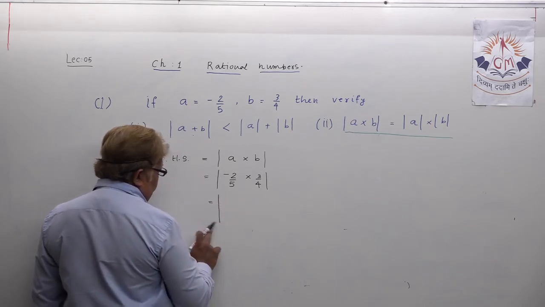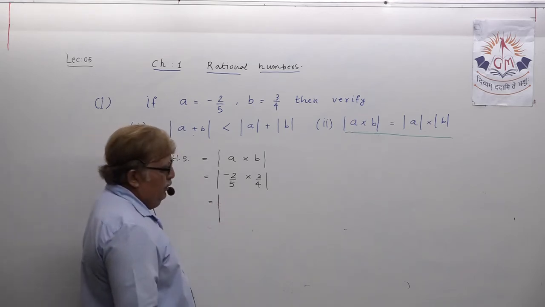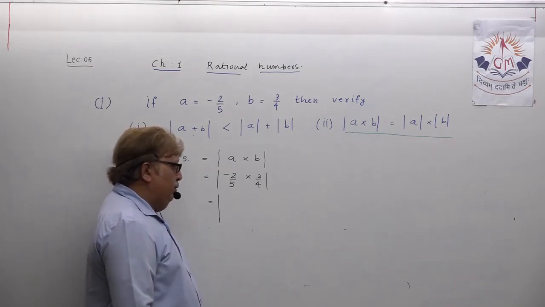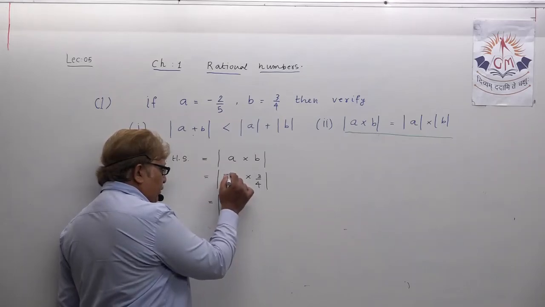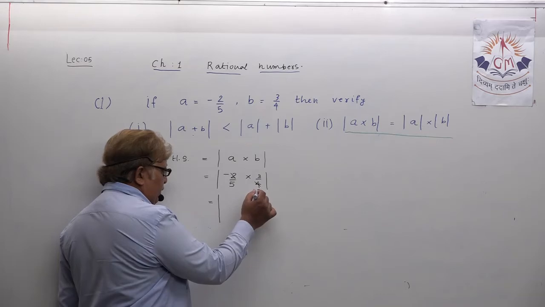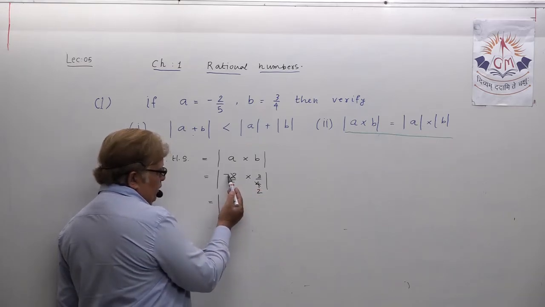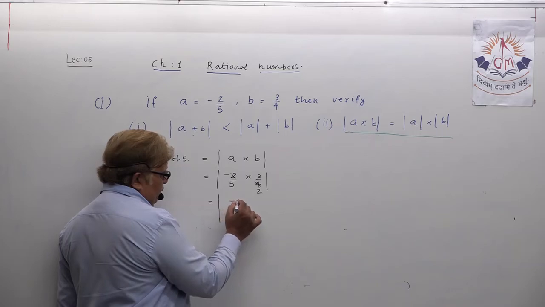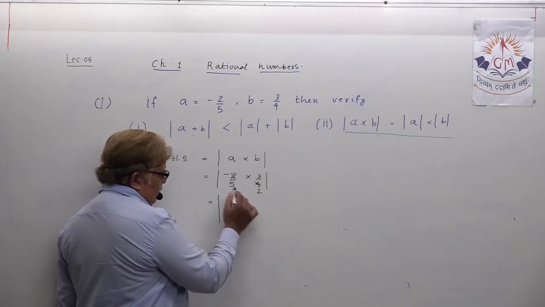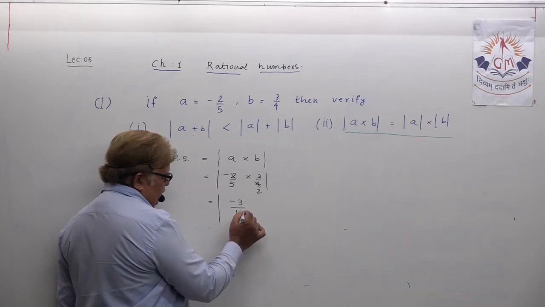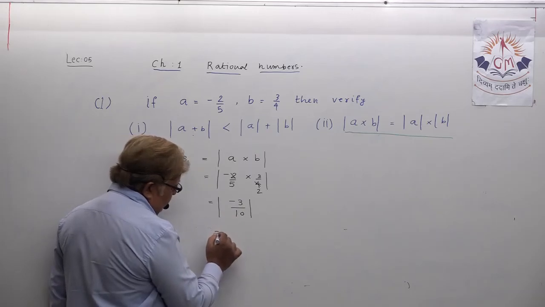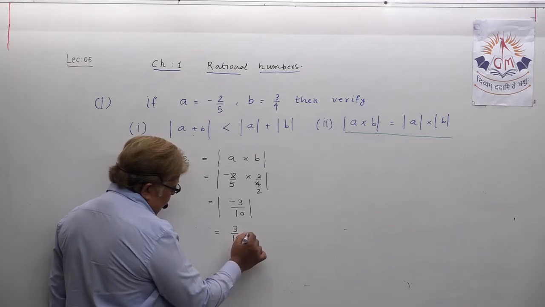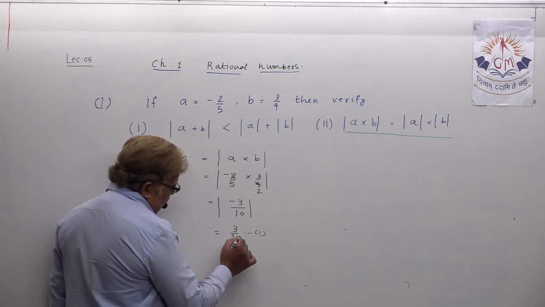Here there is no question of taking the LCM because between the two rational numbers there is a product sign. Just cancel whatever is possible. 2 twos are 4, nothing is left now. In the numerator minus 3, in the denominator 5 twos are 10. And because you are looking for the absolute value, you have to write 3 upon 10. This is your result number 1. Okay.